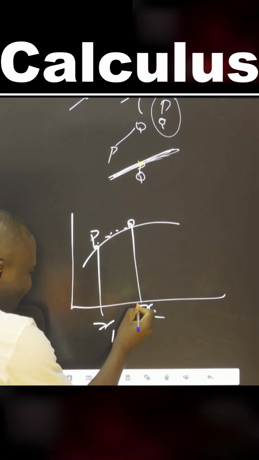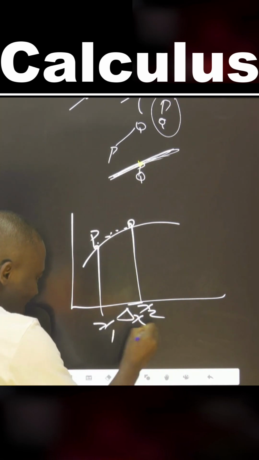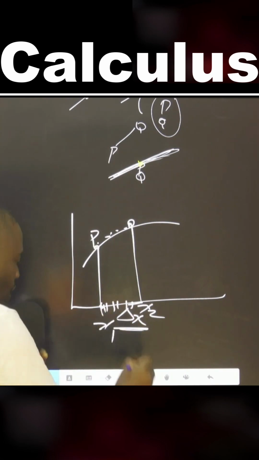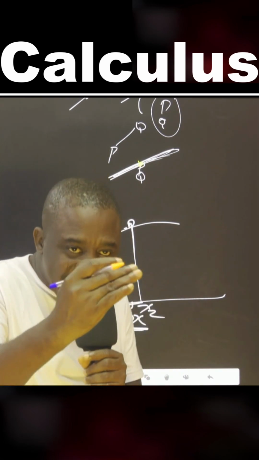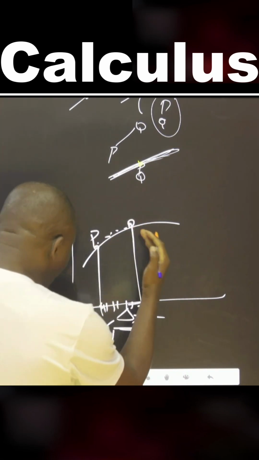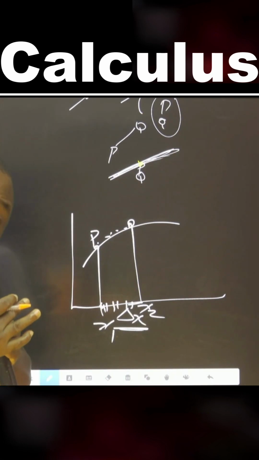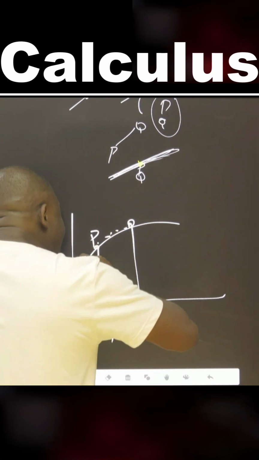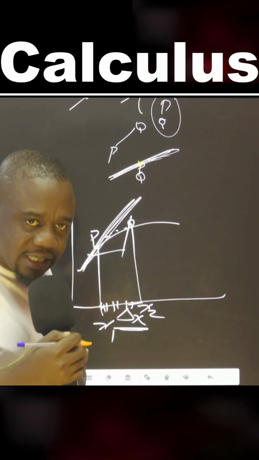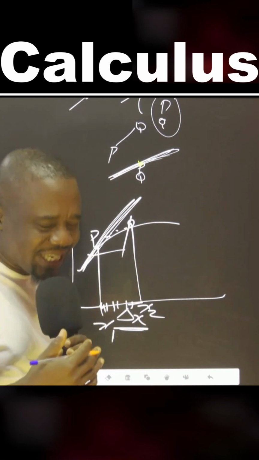You agree with me that this changes now. The delta is also reducing until there's no more change. The delta is coming towards nothing. That is, the difference between this point and this point, they are nothing. Why would they be nothing? Because we are looking for a way to get a straight line that we can calculate the gradient. I don't know if you are getting what I'm saying.